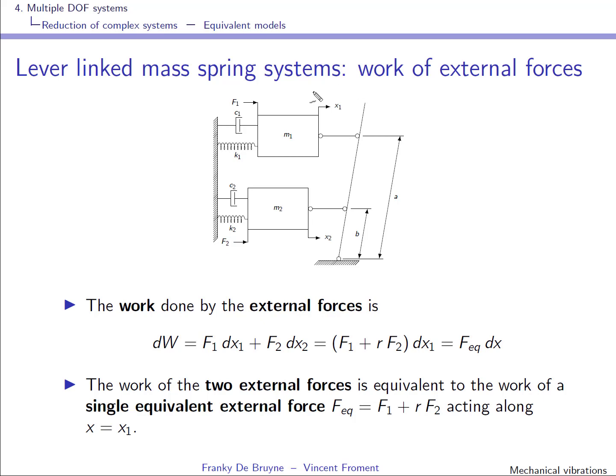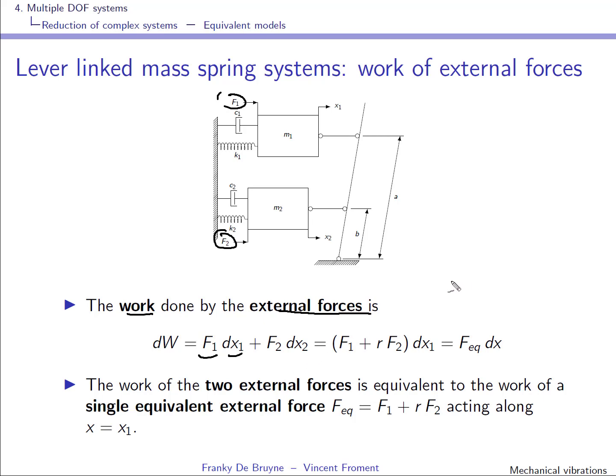Well, we're almost there. We have two forces acting on the system. We have to see this as an equivalent force acting on this equivalent system. We do this by considering the work done by the external forces, and work is force times displacement, right?